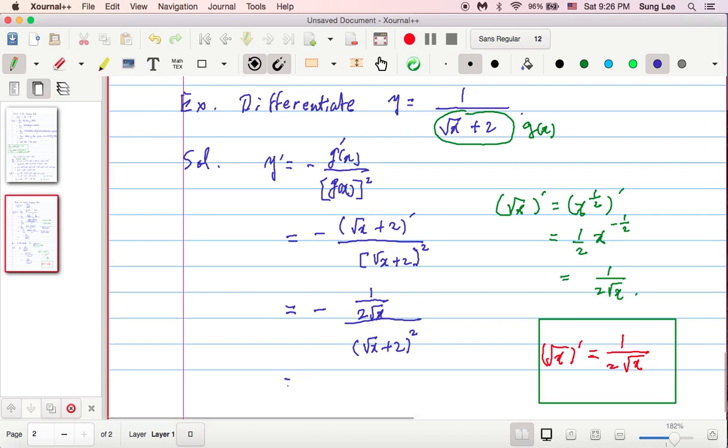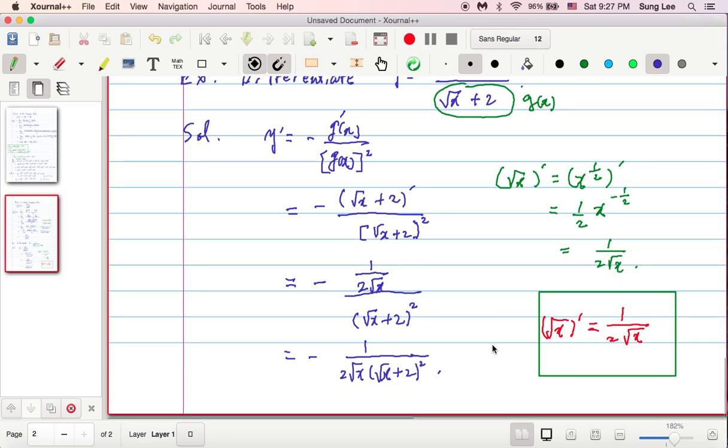You can write this as negative 1 over 2 times the square root of x times square root of x plus 2, squared. So we are done with the differentiation.